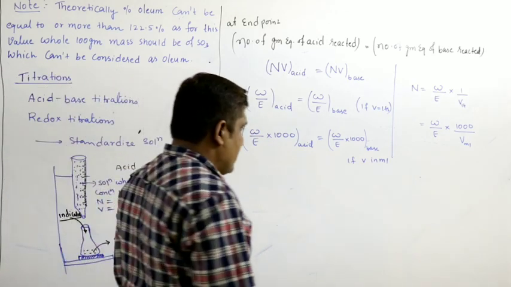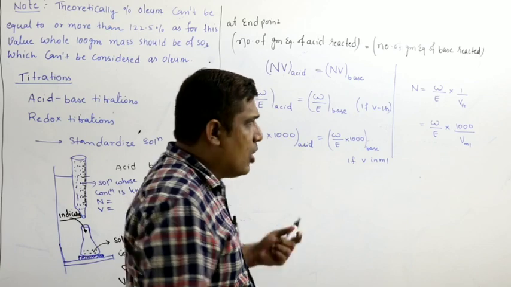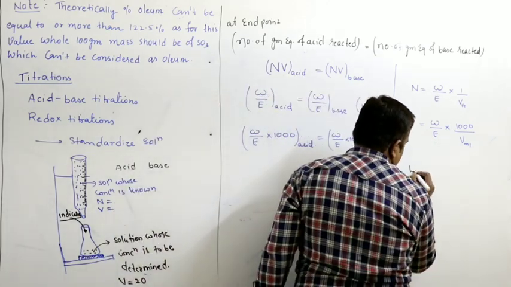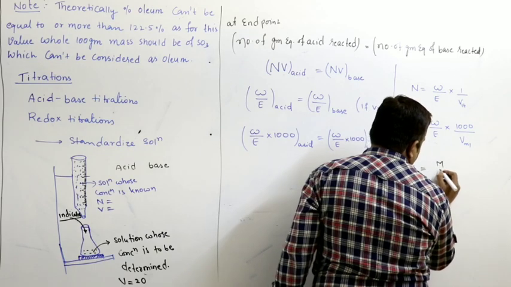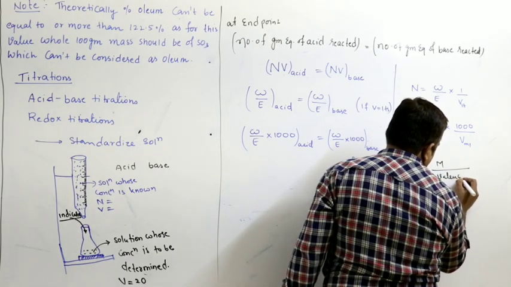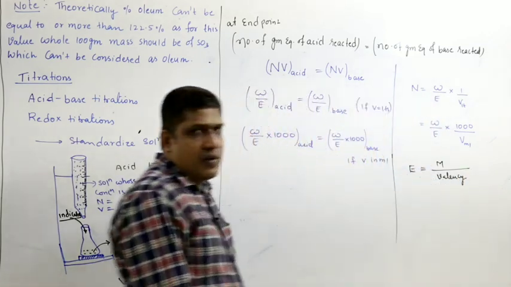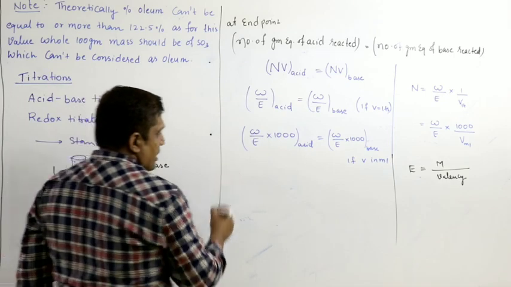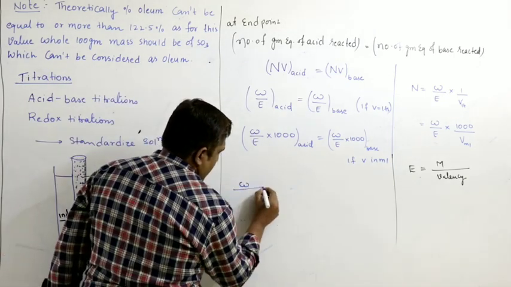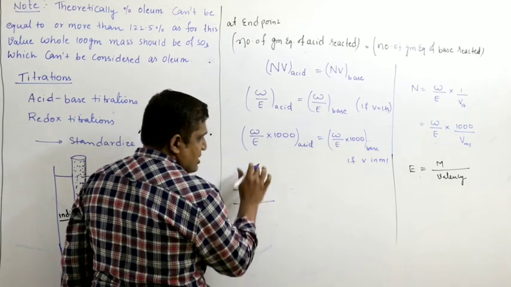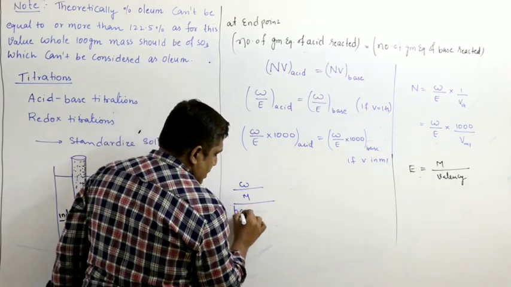Right. If equivalent weight is not given, then how do you find equivalent weight? Equivalent weight equals molecular weight by valency. So what can I write here? Weight by molecular weight of acid by, what is the valency of acid?